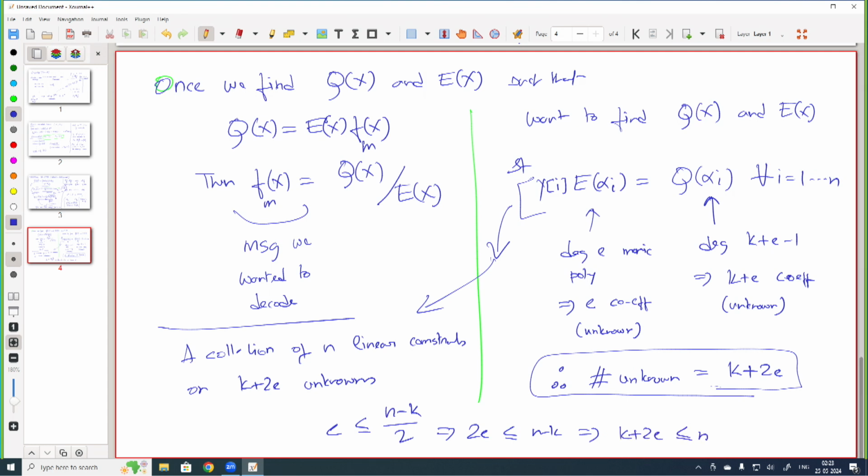So, I have a system of n linear constraints in at most n unknowns, which I can solve. It is just a linear system, as you have seen over the past few days. This is just an LP which you can solve, and you can find a feasible solution. That is it.